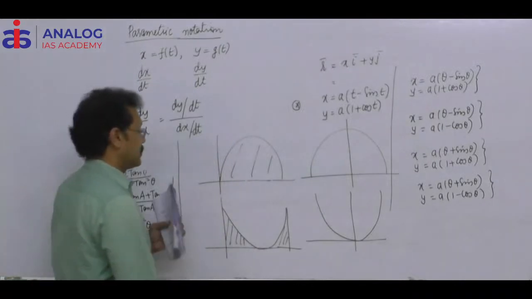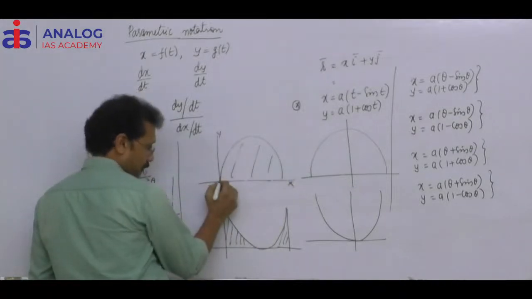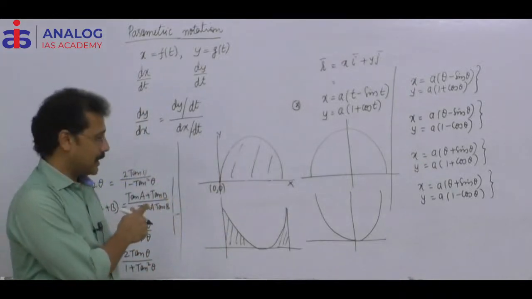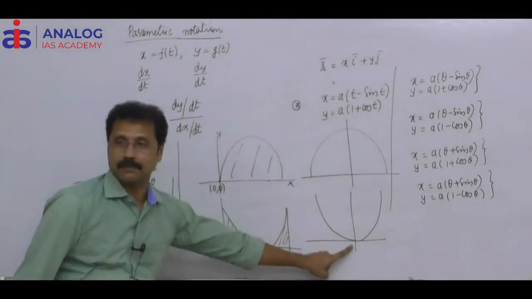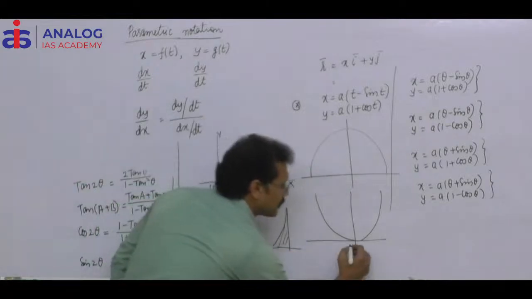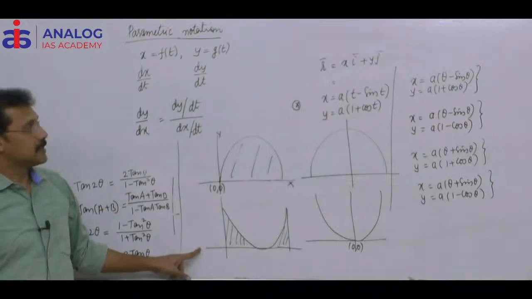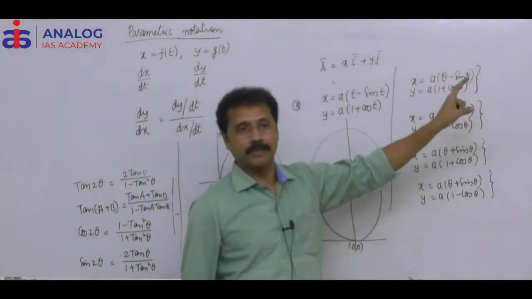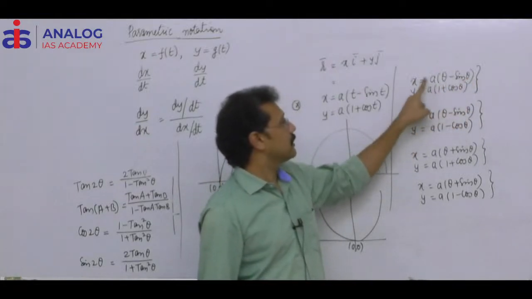This is obvious, this is x and this is y. This point obviously is 0 comma 0. Passing through 0 comma 0 there are only two curves here, so this also is 0 comma 0. The other two do not pass through the origin. Suppose I put t equal to 0 or theta equal to 0. Now what happens? Sin 0 is 0, so x equal to 0.